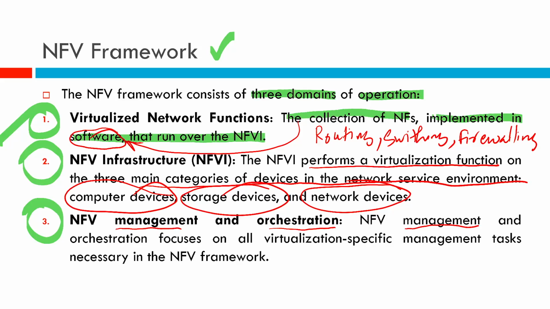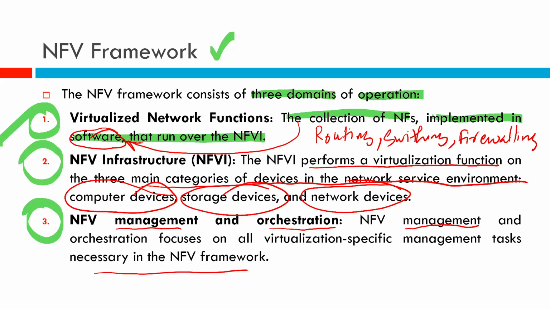And orchestration focuses on virtualization-specific management tasks. When it comes to virtualization, all of them become software-based tools that can be used for network function virtualization. Put them together and they are necessary in the NFV framework.